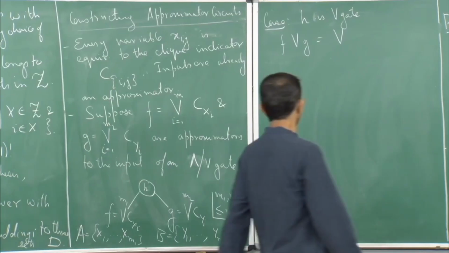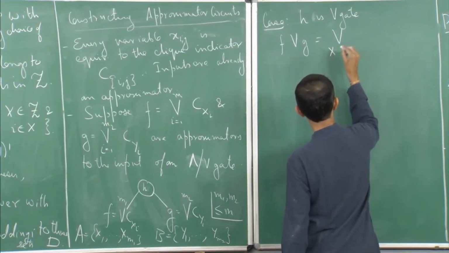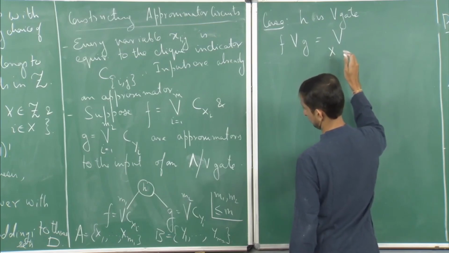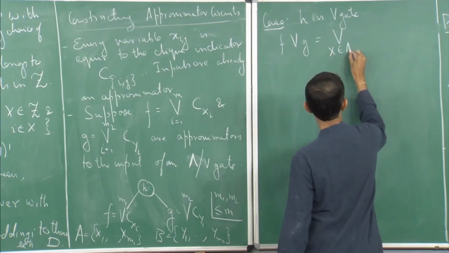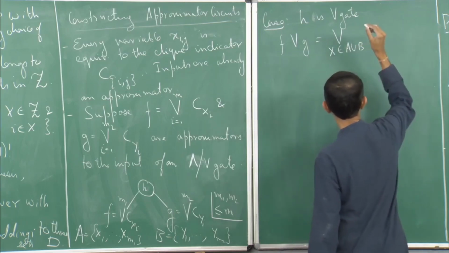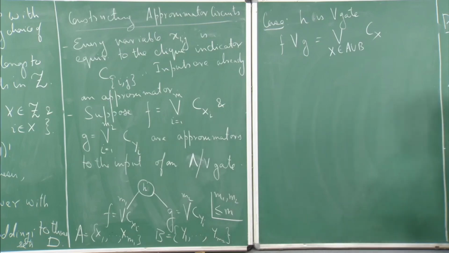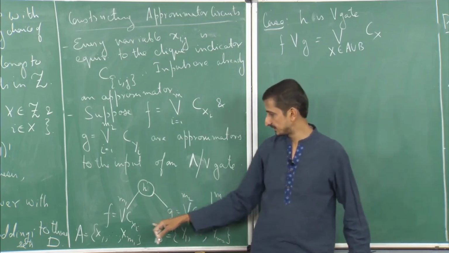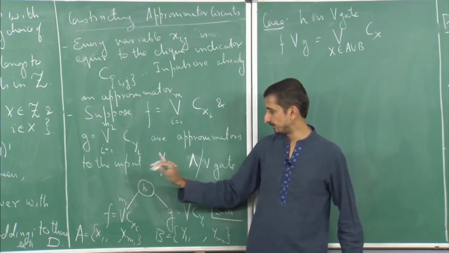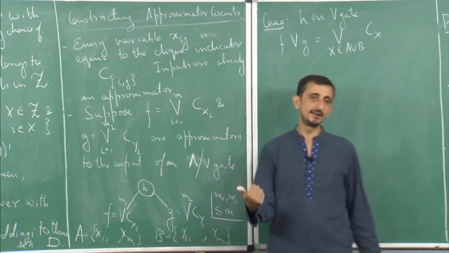Now we come over here. Let's take some x belonging to A union B, and look at the click indicator of x. Is it actually giving me f or g? If H is an OR gate, the function will evaluate to true if one of these click indicators is 1.